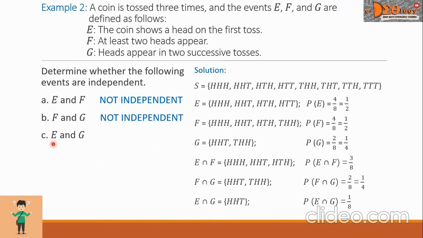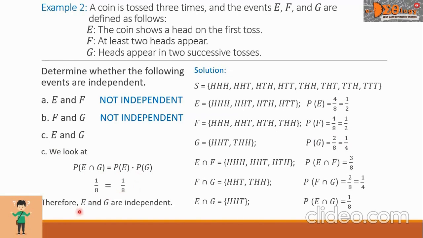Let us now solve for letter C. We now look at this equation to prove whether E and G are independent. Let us substitute the values, so the P of E intersect G will be 1/8, and this will be equal to the P of E, which is 1/2, times the P of G, and that is 1/4, and the product of 1/2 and 1/4 is 1/8, which is equal to our left side.